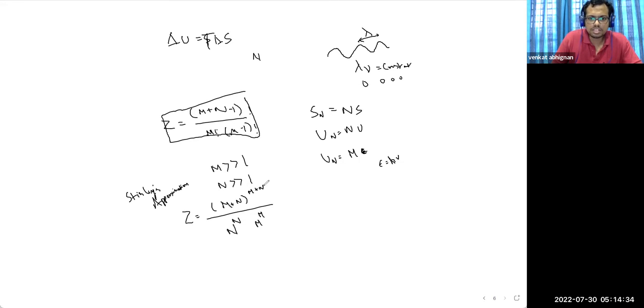This is an idealization, which is useful in some sense, where you take n factorial to be just n power n, when n is much larger than 1.